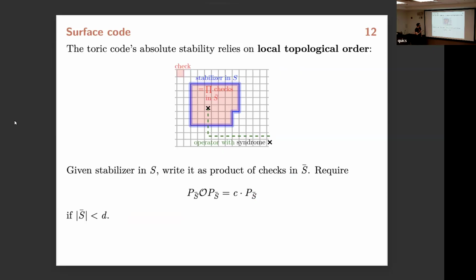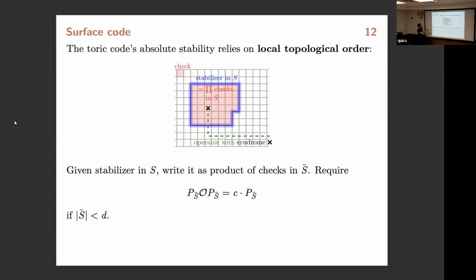But historically the way people thought about this was that if you restrict the Hamiltonian to this region, there's no local operator O that acts non-trivially in this region. So you have a local version of a Knill-Laflamme condition from error correction.